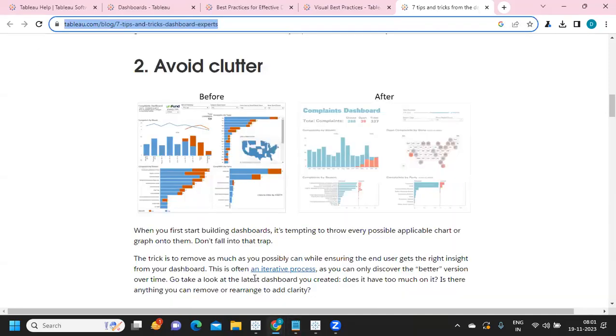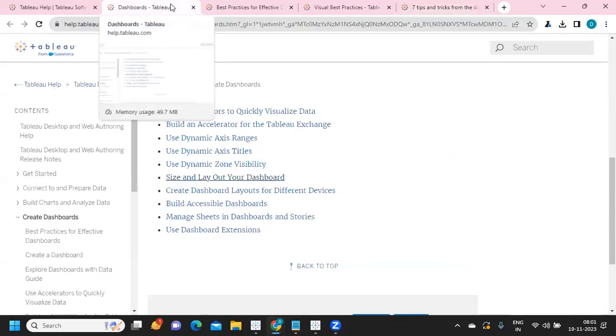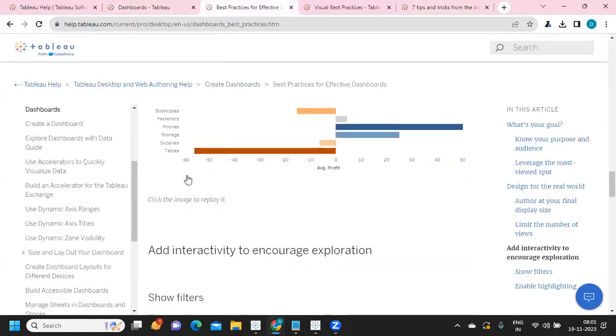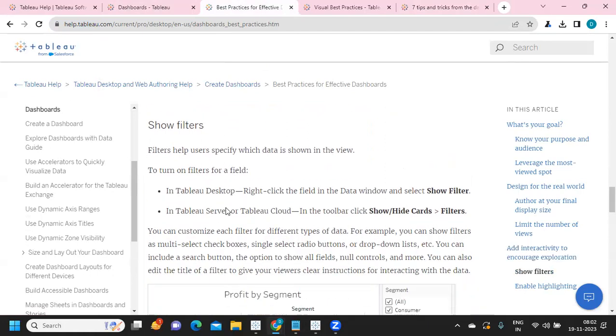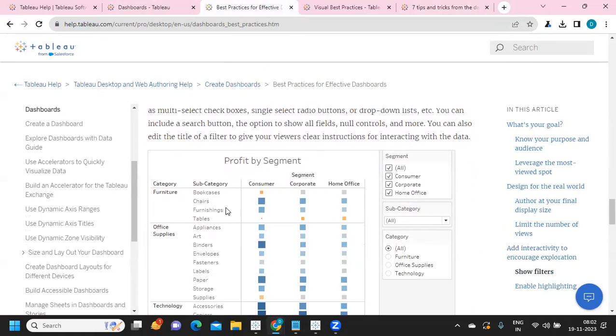Let us see what the next important thing is. Try to add interactivity to the dashboard so that it can help a user understand how the data is playing out or how the data is getting filtered. Maybe you can also try adding highlighters to the view. That is what Tableau is suggesting here.